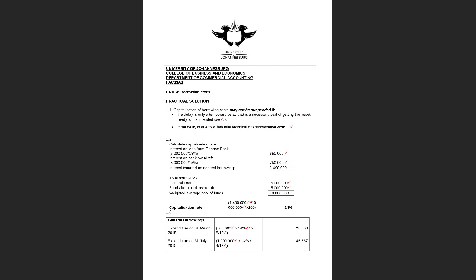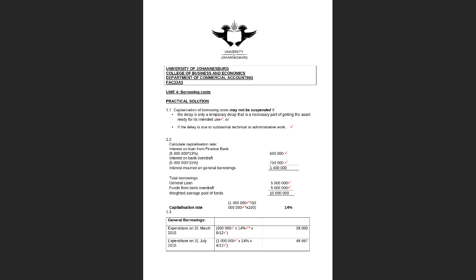No, your understanding is incorrect. If you are obtaining the loans specifically only to use for that project, it is known as specific. But if you are using loans for that and other things, then it is general.